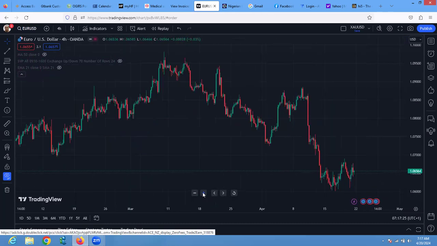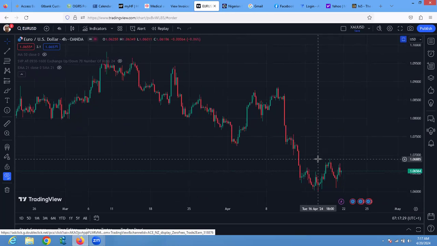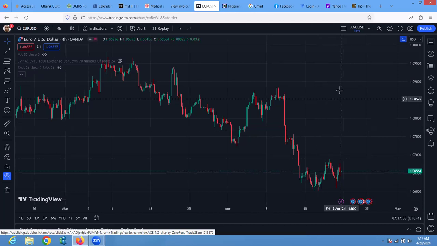So what we are waiting for on Euro USD is a break out of 1.06900. Once we break out of 1.06900, we are in a new wave. The price can go up, probably to test this area of supply. Once we get to this area of supply, we may sell to get to an area of demand to go up again.